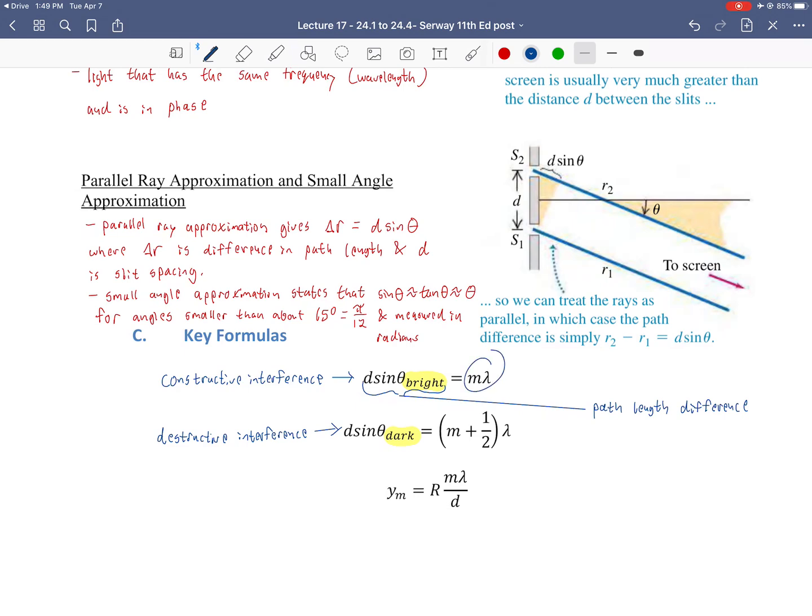So if that physical difference is equal to some integer multiple of a full wavelength of our coherent light, our light that just has a single wavelength.